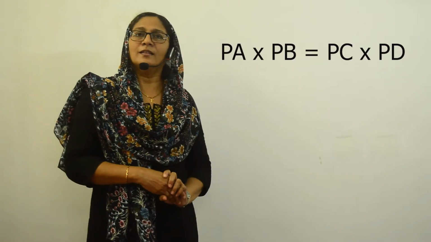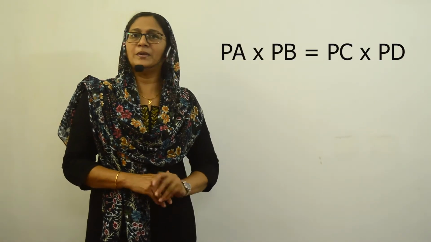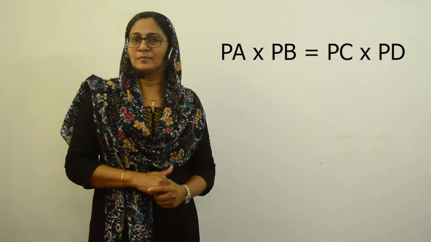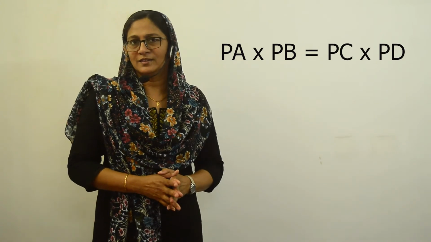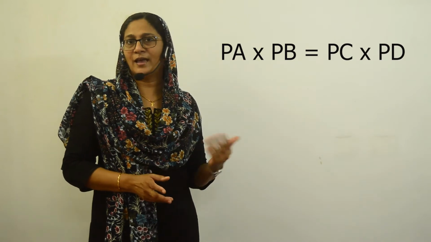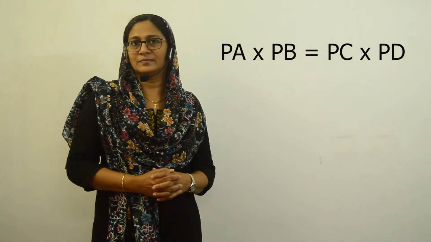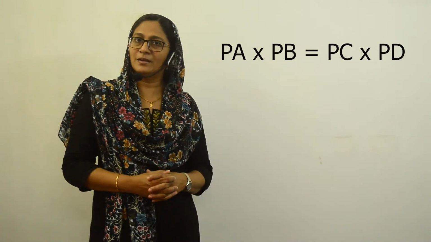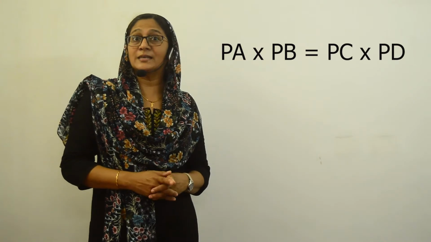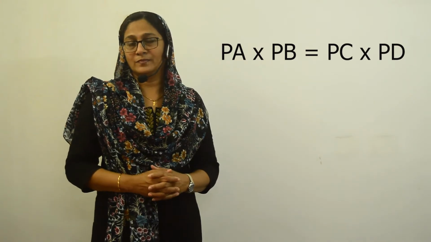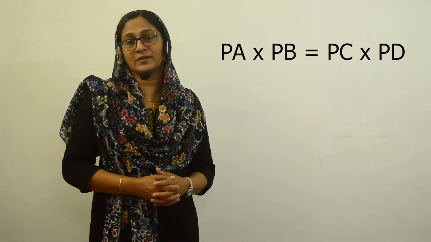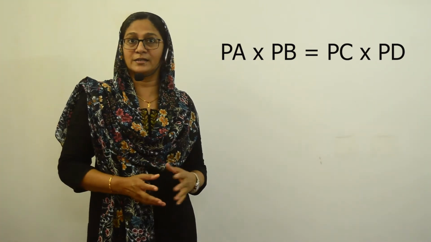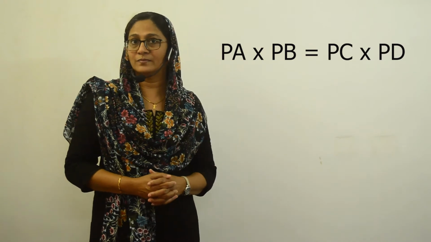Now, in the language of geometry, PA into PB also means the area of a rectangle with sides PA and PB. Similarly, PC into PD also applies to the area of a rectangle with the sides PC and PD.